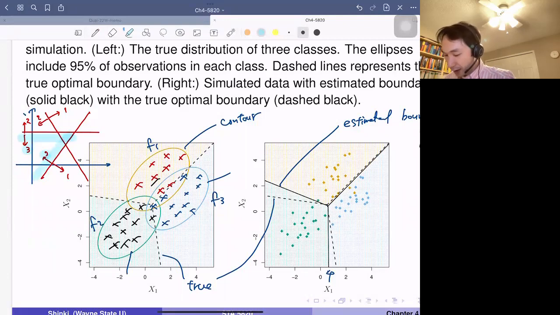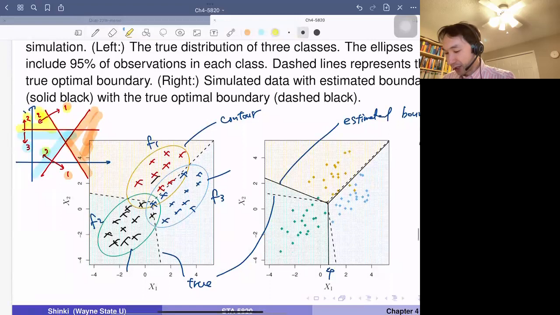And this area is class 1, that is for sure. And this area is class 2. But the other area, it's not clear. 1 rather than 2, but 3 rather than 1, but actually 2 rather than 3.